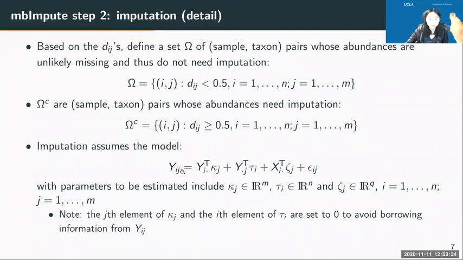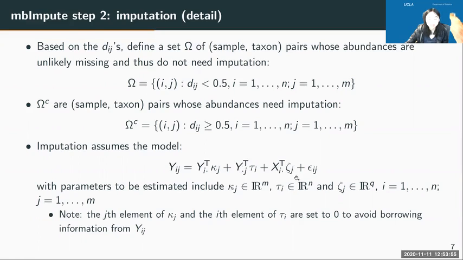Then we assume this model for the relationship of Yij, where Yi dot means the ith row in the matrix, Y dot j means the jth column in the matrix, and Xi dot means the ith row in the sample metadata matrix, plus the error term.